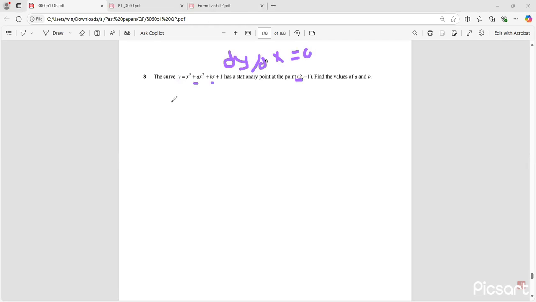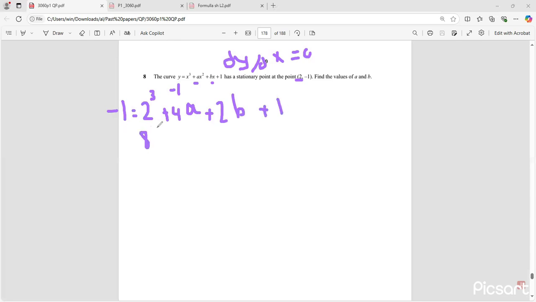First of all, instead of y we're going to put negative 1, and instead of x we're going to put 2, to get the first equation. This will be solved simultaneously. If you have two unknowns, you have to solve them simultaneously, no other way. So negative 1 equals 2 to the power of 3, plus 2 to the power of 2, which is 4a, plus 2b plus 1.